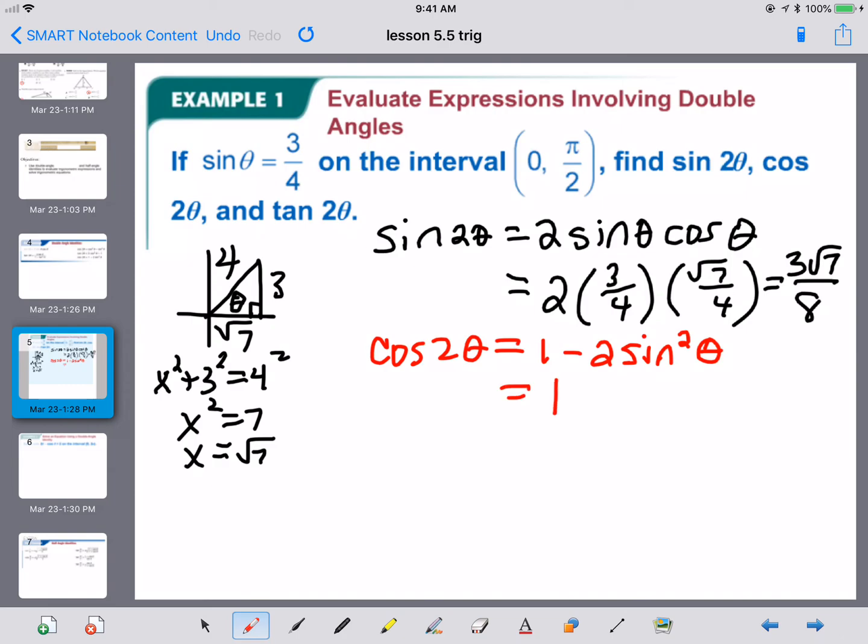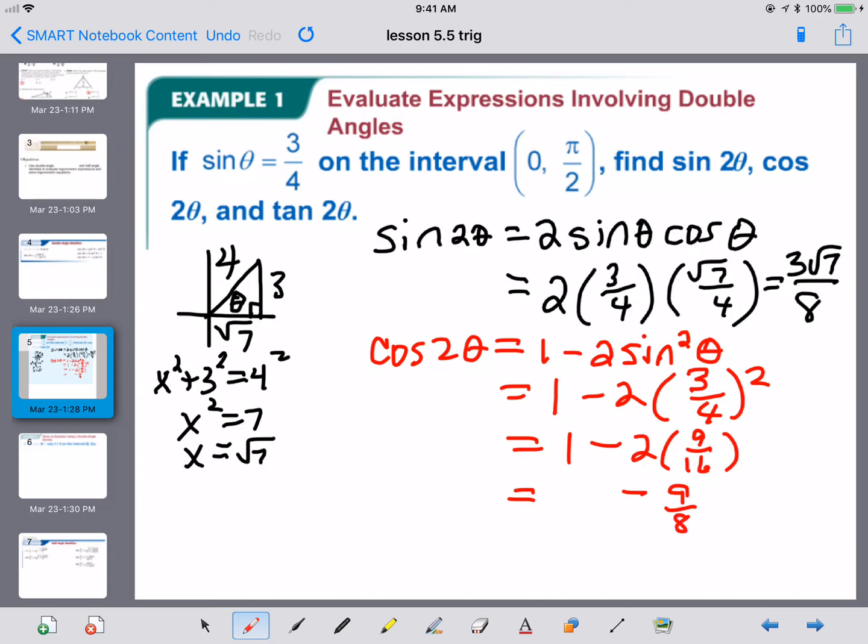So we get 1 minus 2 times 3/4 squared. Well, 3/4 squared is 9/16. So that becomes 9/8, and that's 8/8. So that's negative 1/8.